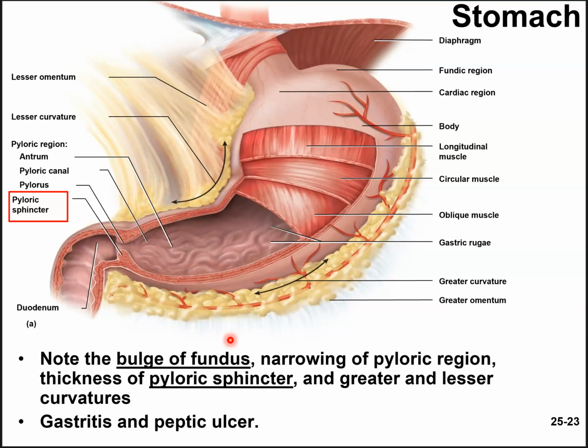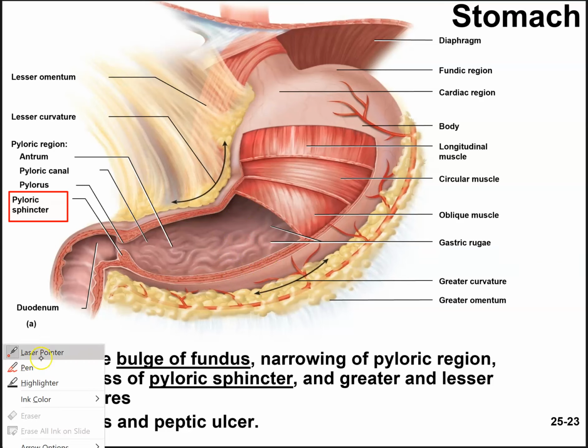So the main functions of the stomach include food storage, and it regulates the release of enzymes to digest food. So the liquefied form of food in the presence of stomach acids and enzymes is known as chyme.